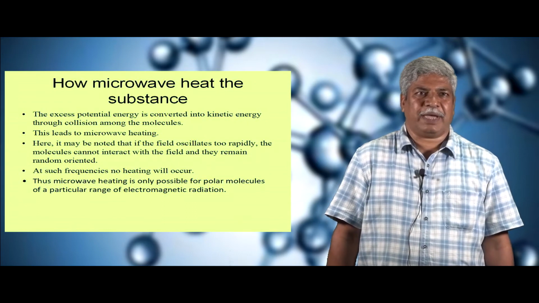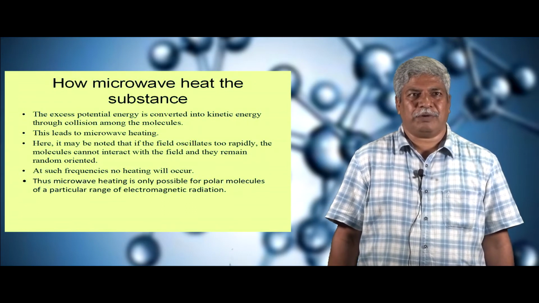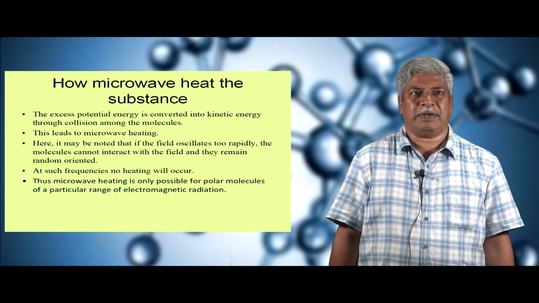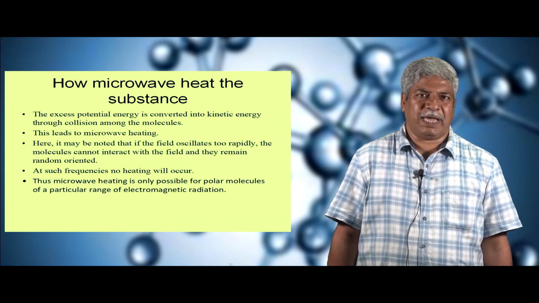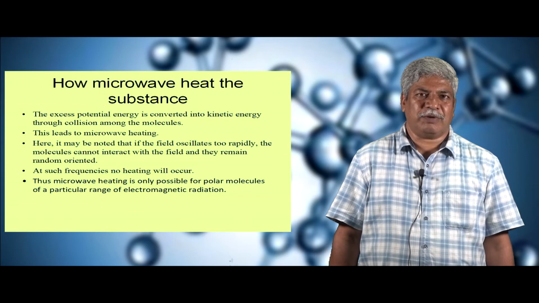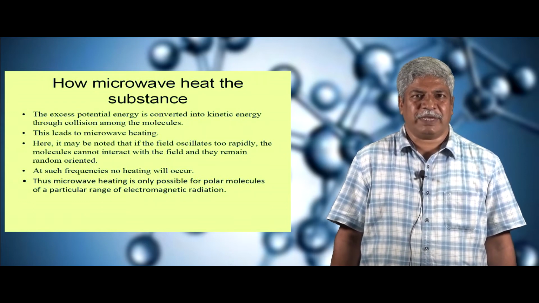Now let us see the mechanism behind how microwaves can bring about a chemical reaction. When microwaves fall on the substances to be reacted, these molecules will respond to the microwaves and align in the direction of the external microwave field.